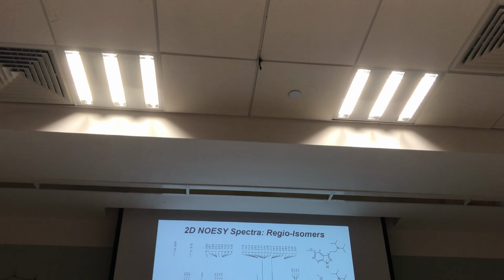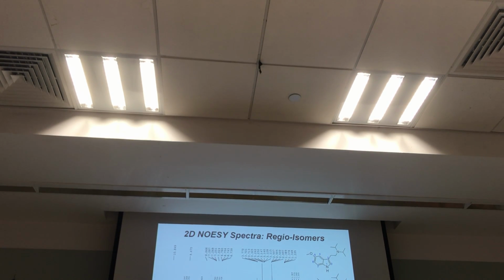Now you see, this CH2 is a kind of benzylic. It's just next to an aromatic ring. And this one, CH2, is next to a nitrogen, right? In that case, you will see this is one CH2, this is one CH2, this is one CH2.